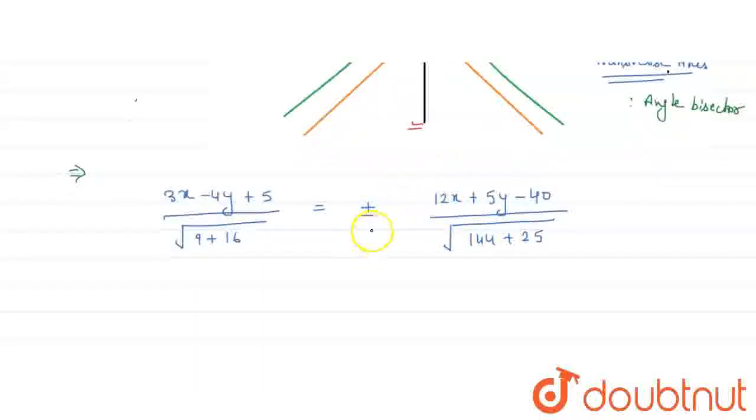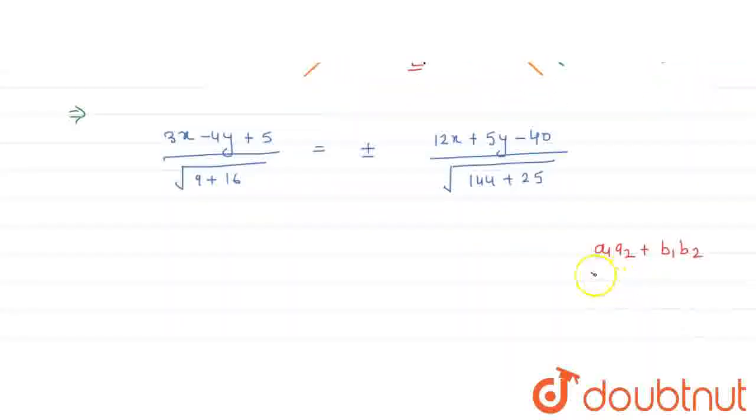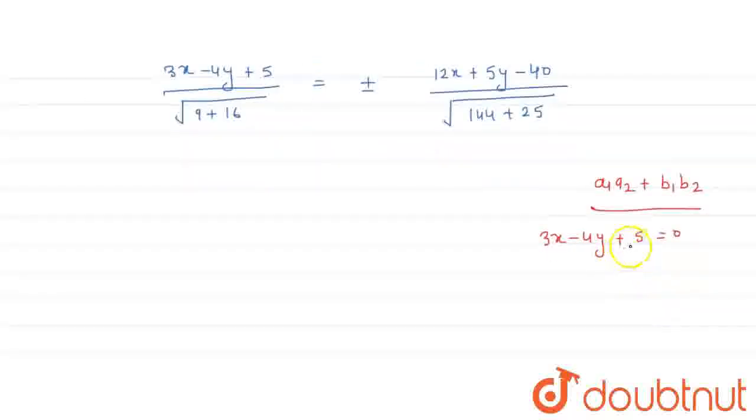To decide which sign to take, let us find the value of a1a2 plus b1b2. The equation of the asymptote is 3x minus 4y plus 5 is equal to 0. Let us keep the constant term positive. It is already positive.